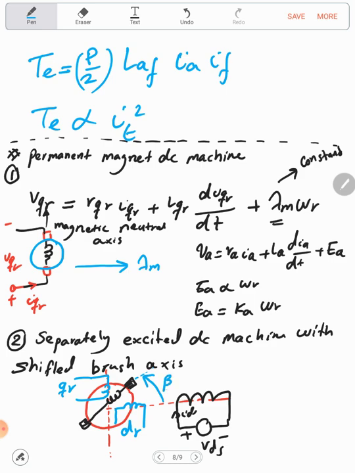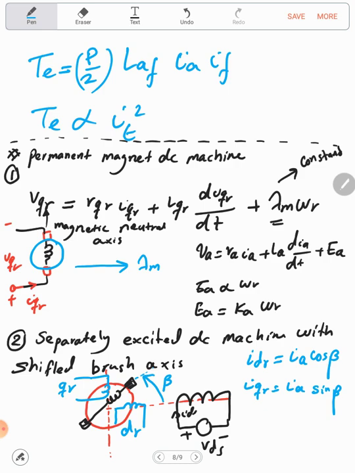So simply now, I_dr is not equal to 0. It has a component. So I_dr will equal I_A cosine beta, and I_qr will equal I_A sine beta.